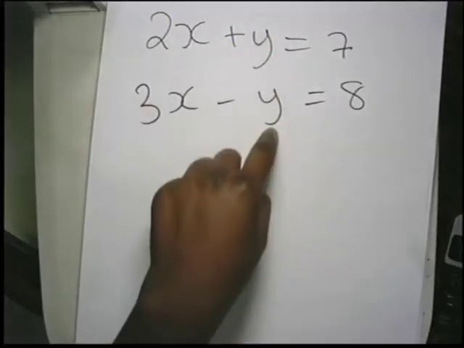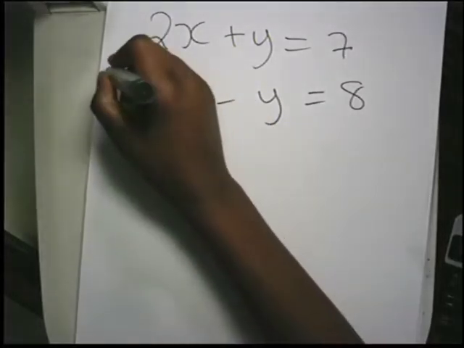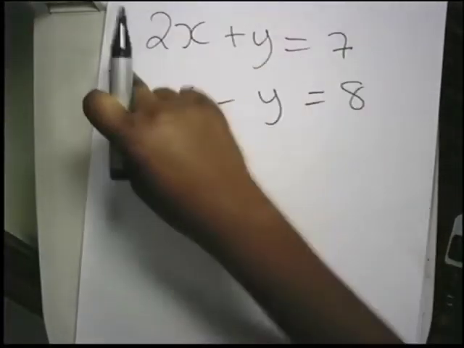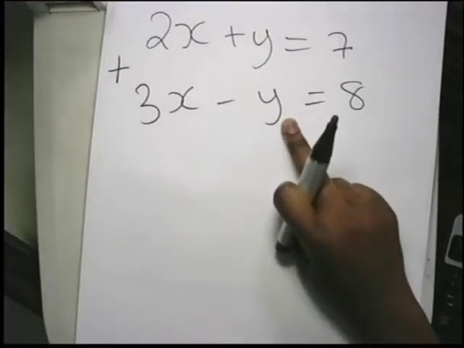Now to eliminate these two, you have to add. Now most of you will be surprised, why am I saying you are going to add? Okay? If you say y plus a minus y, that is the only way it will disappear. You will get 0.